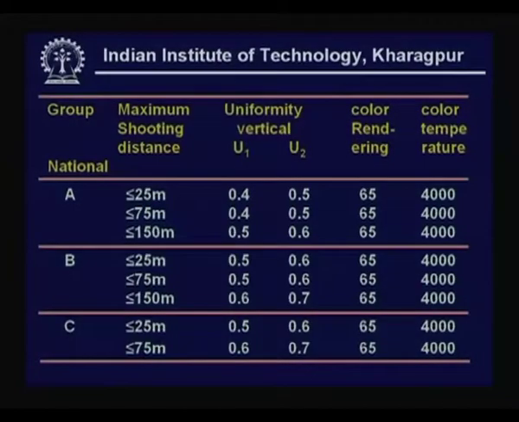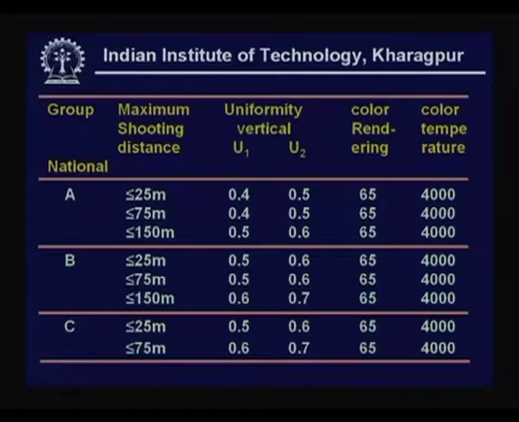So, for different distances of camera for different categories of the games seen, as you can see for group A, vertically U1 minimum recommended is around 0.4, which becomes 0.5 when you move on to 150 meter camera distance, which again in U2 varies from 0.5 to 0.6.